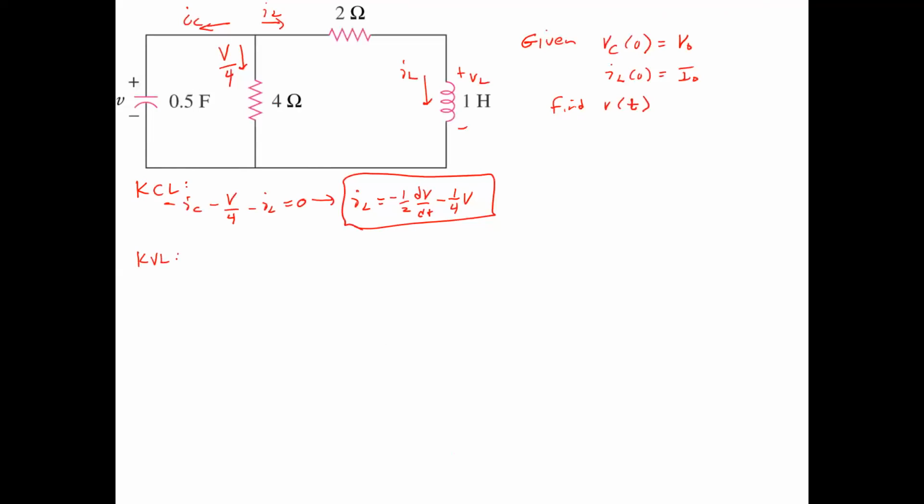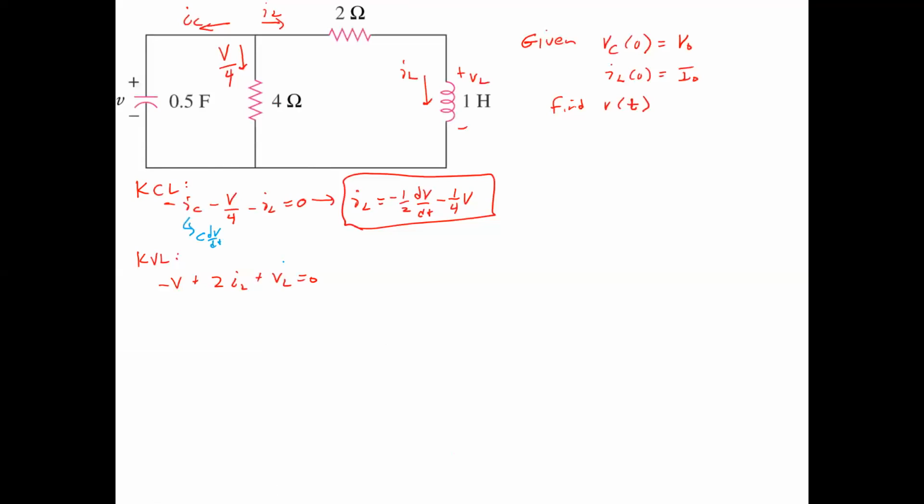KVL is going to tell us that if we have IL circulating, well, you're going to have a minus V going in the outer loop. I got minus V plus 2IL plus VL equals 0. And just in case you didn't get that, the IC above was C dV dt.